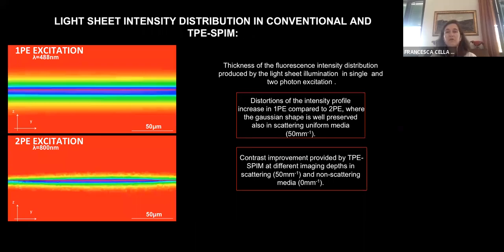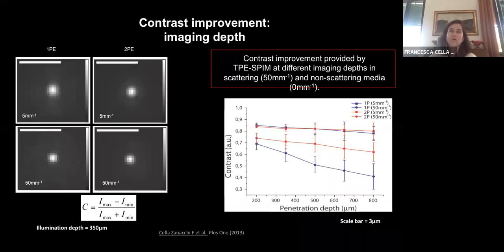And we can also look at the distortions, because if we look at the profile of the light sheet in single photon excitation compared to two-photon excitation, we can check the distortion in the intensity profile. And we can also calculate the contrast.